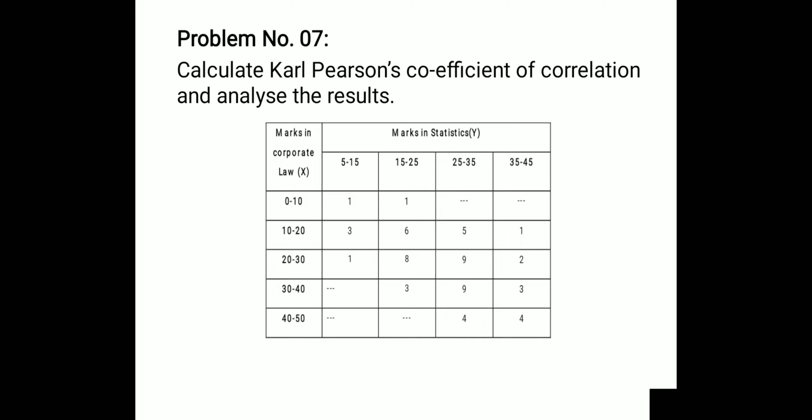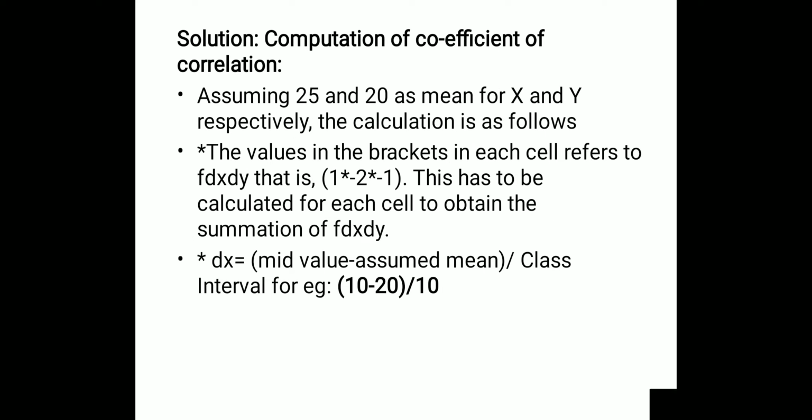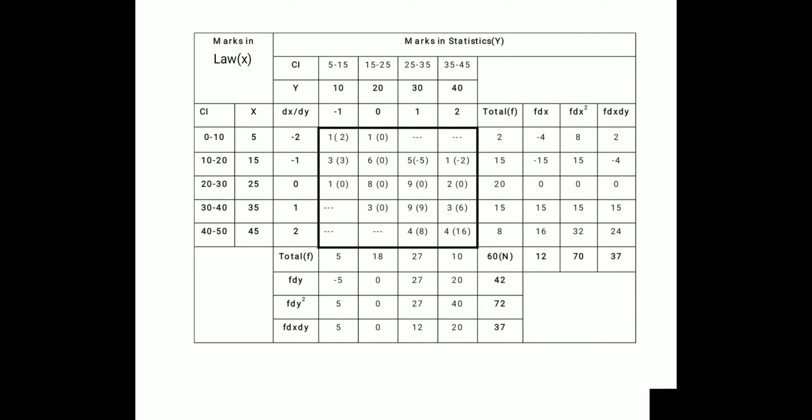In this problem, you are given the marks in corporate law, which we can assume as X, and marks in statistics, which we can assume as Y. Based on these values, we should calculate the correlation between the marks in corporate law and the marks in statistics. When we apply the values into the correlation table, the table will be in this way. Marks in law will be X and marks in statistics will be Y.